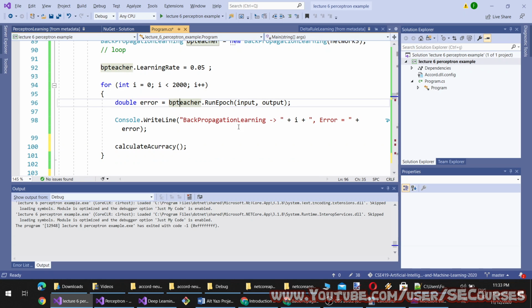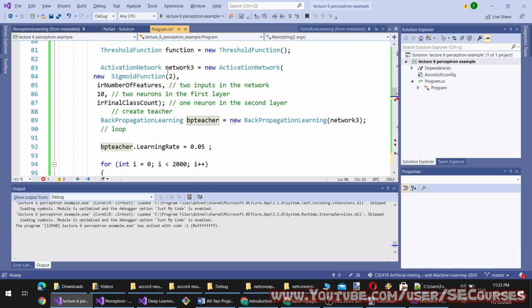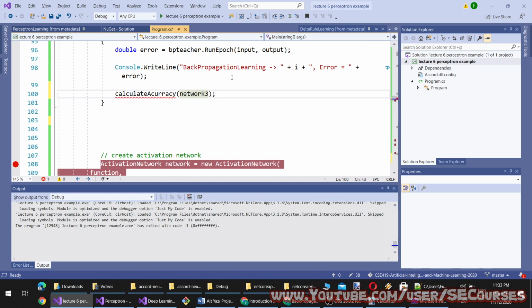So what I am going to call is network 3 input output.